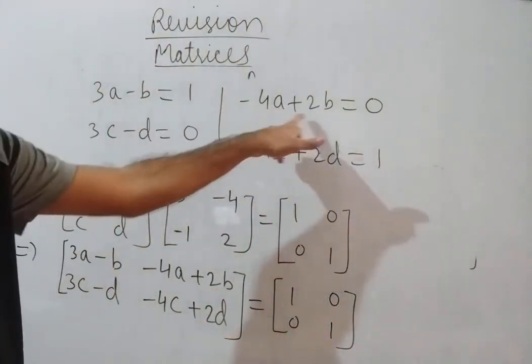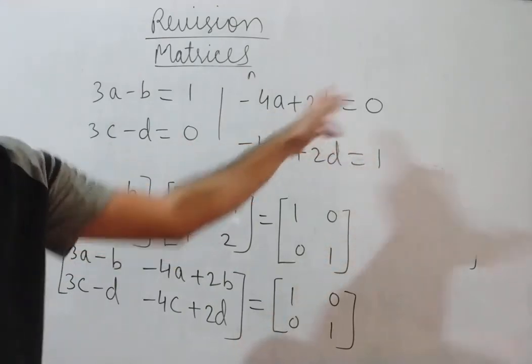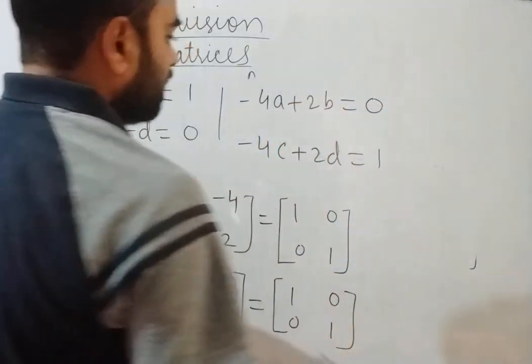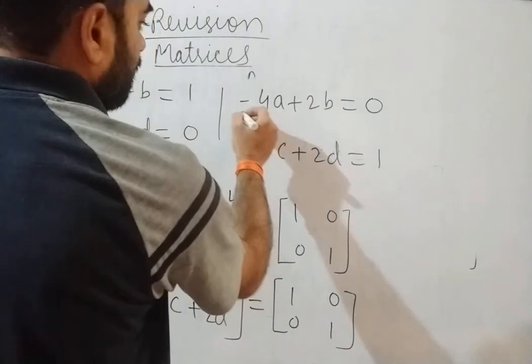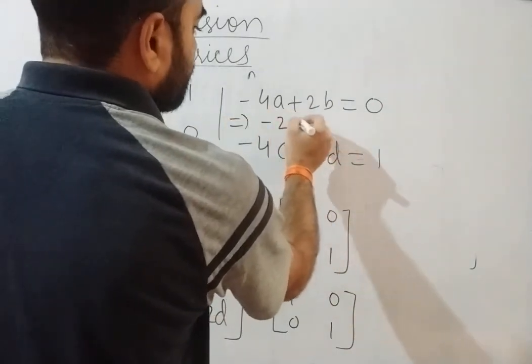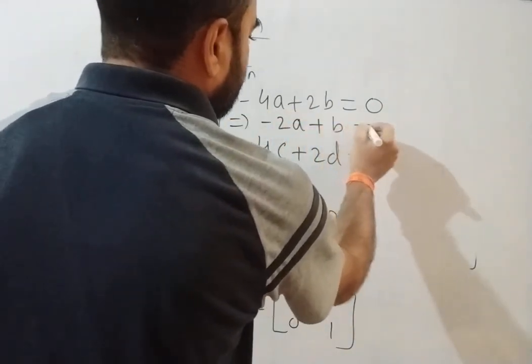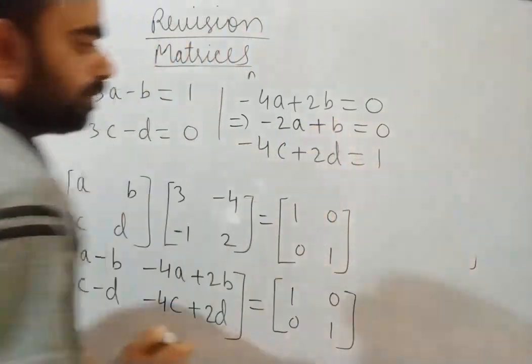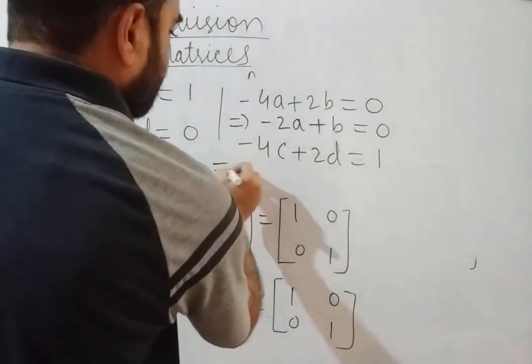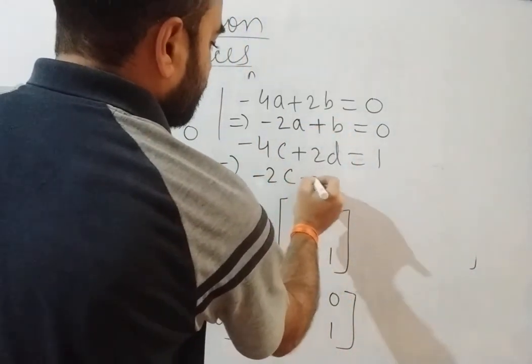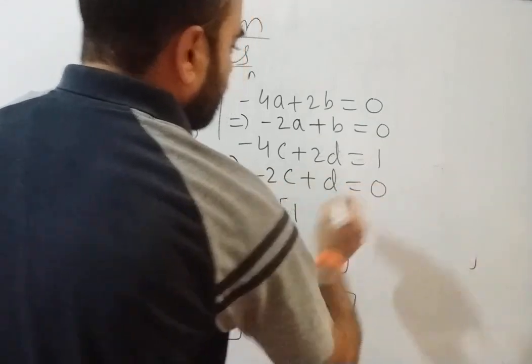See, minus 4a plus 2b is equal to 0. Throughout, 2 is common, so this can be written as minus 2a plus b is equal to 0. Correct? Similarly, this can also be written as minus 2c plus d is equal to 0.